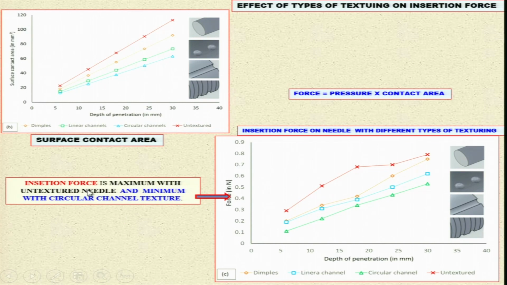So, insertion force is maximum with the untextured needle and minimum with the circular channel texture, because it has the minimal surface contact area. Force is pressure into contact area. When you are inserting the needle, a certain pressure is acting, and depending upon the contact area, the patient will feel the pain.